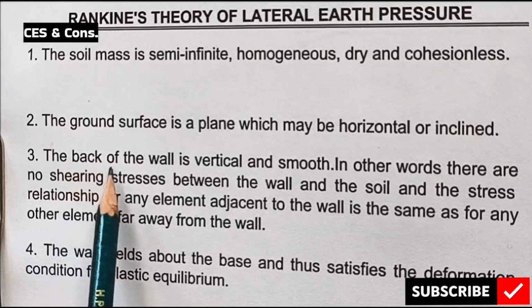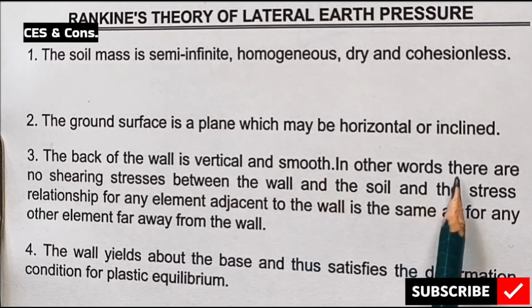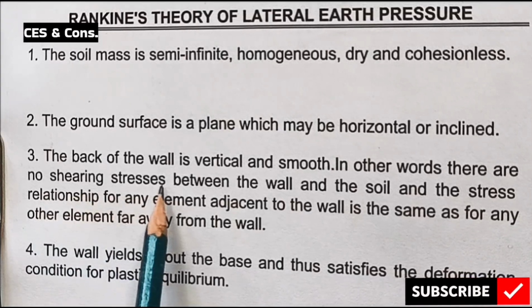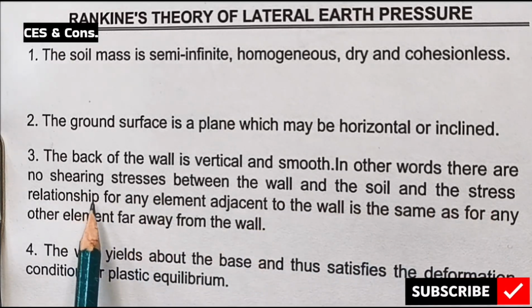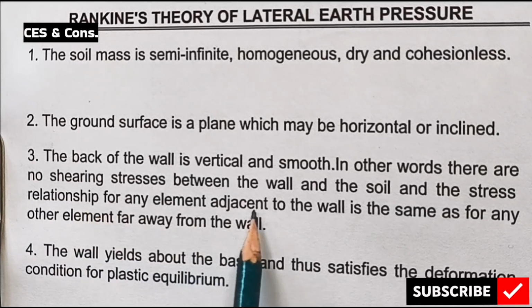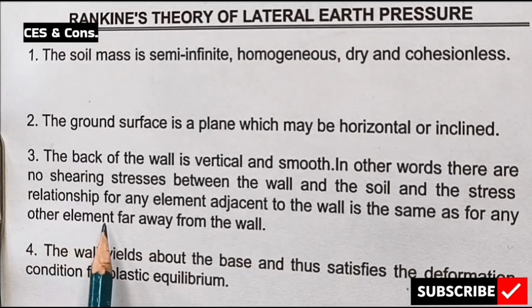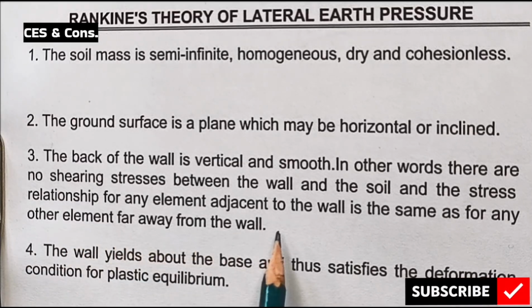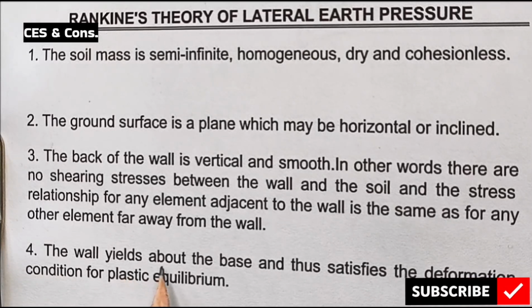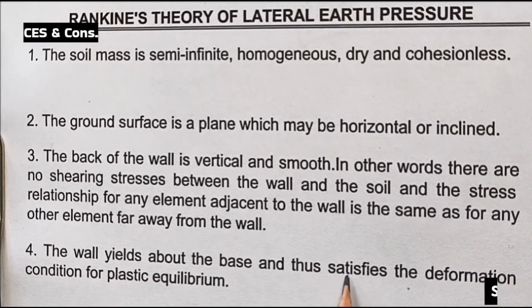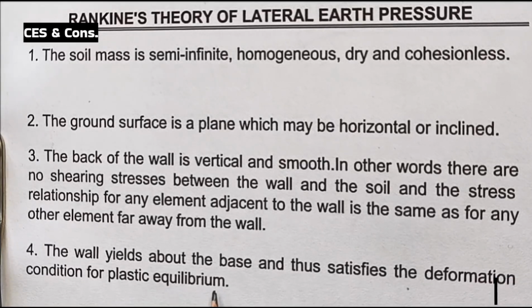Number 3, the back of the wall is vertical and smooth. In other words, there are no shearing stresses between the wall and the soil, and the stress relationship for any element adjacent to the wall is the same as for any other element far away from the wall. And number 4, the wall yields about the base and thus satisfies the deformation condition for plastic equilibrium.